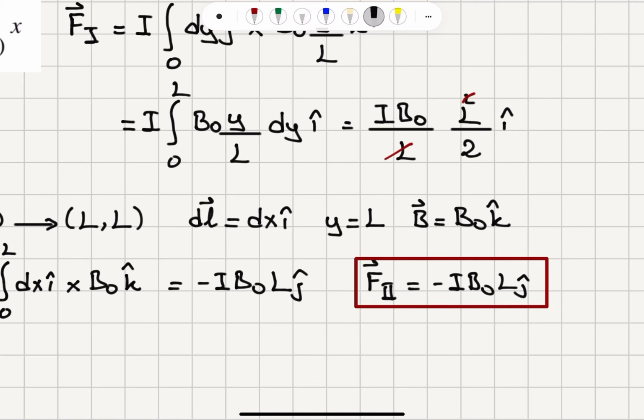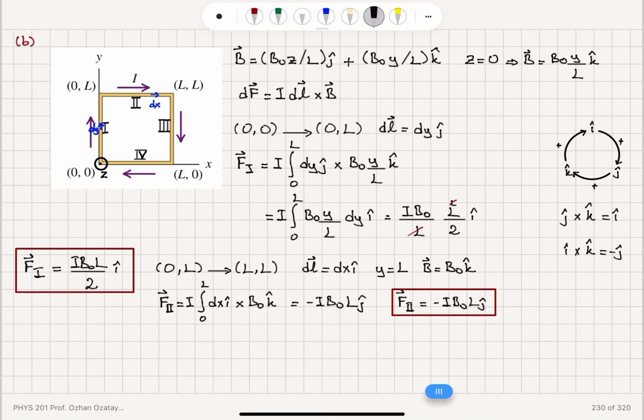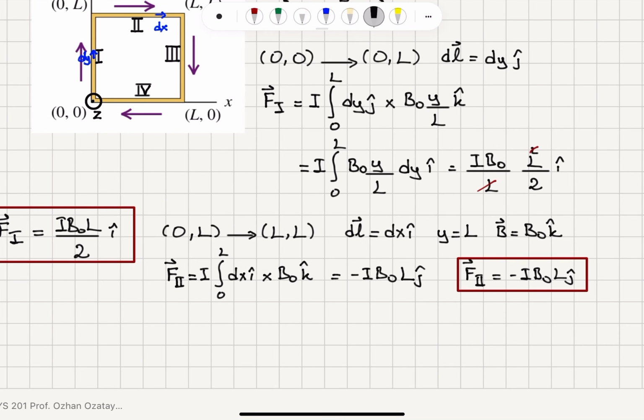Let's move on to the third segment. What is the third segment? It is going from (L, L) to (L, 0). Now what is my dl vector?